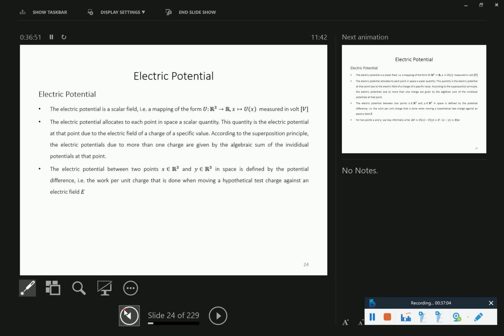Now, the electric potential between two points in space is the work that you need to do to move a test charge in this setup, where you have an original charge, against or with the electrical field. So the idea is the first charge is there and produces an electrical field.